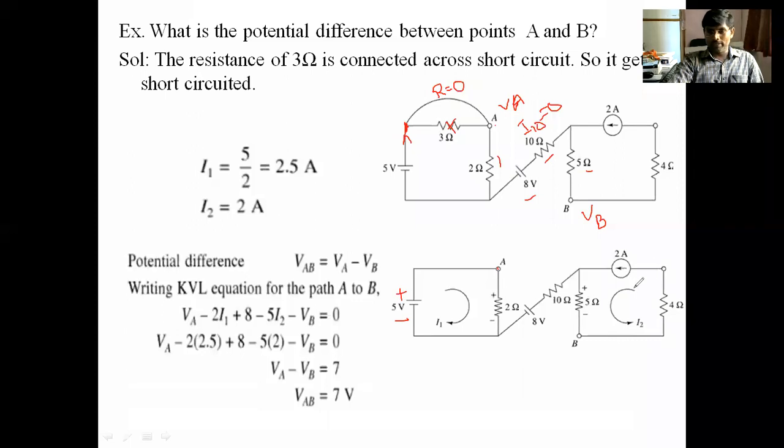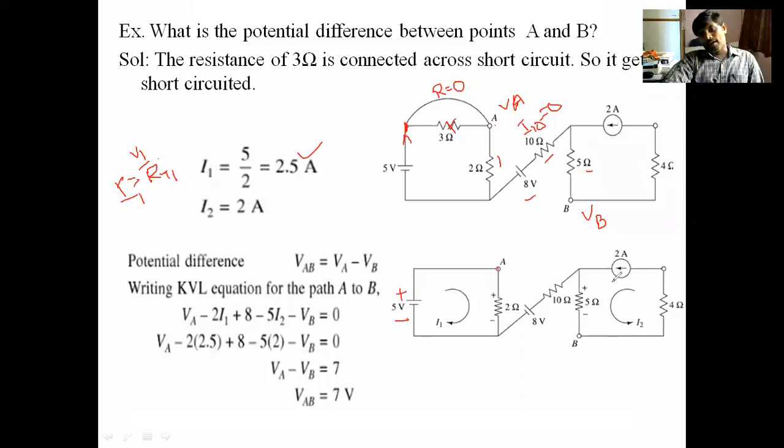You see 2 ohm, it is driving current, so here plus minus. Now you calculate I1. I1 is equal to V1 by R1. What is V1? 5. So 5 by 2, 2.5 amps.